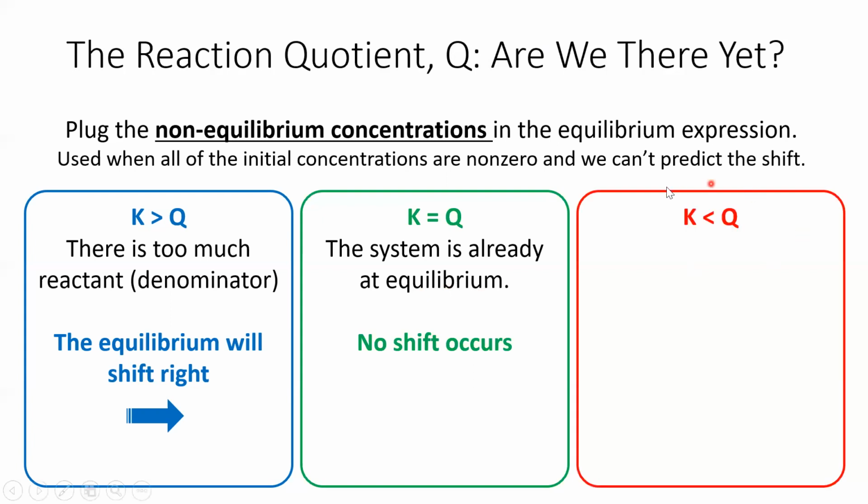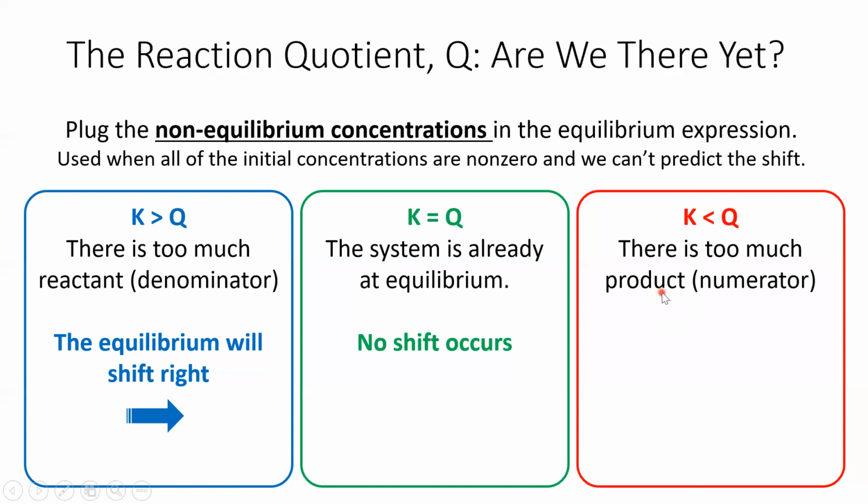Now, our third scenario is if Q is bigger than K. We're not at equilibrium because Q has to equal K to be at equilibrium. We want to decrease Q to get to K. Well, if Q is too big, that means we have too much product.